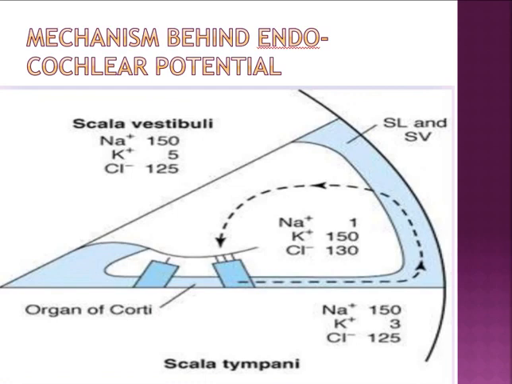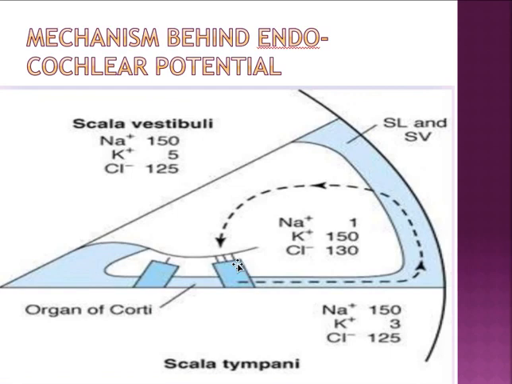What is the mechanism? The lower portion of the hair cell is dipped, or you can say bathed, by the perilymph, while the head portion is dipped in the endolymph.